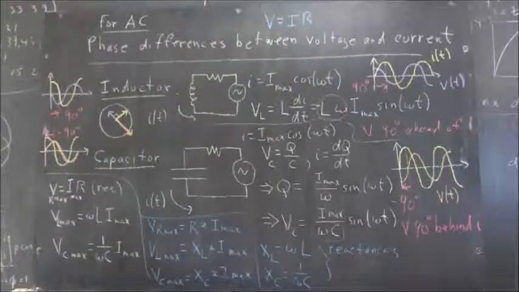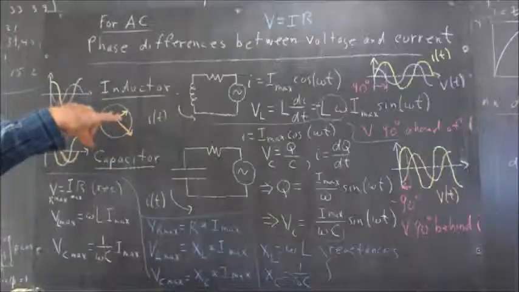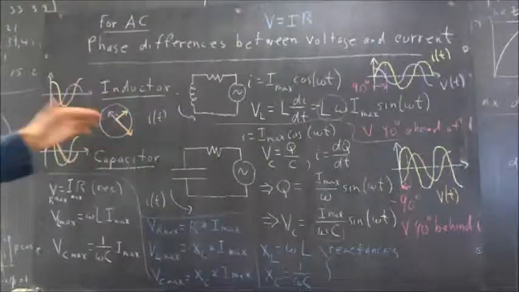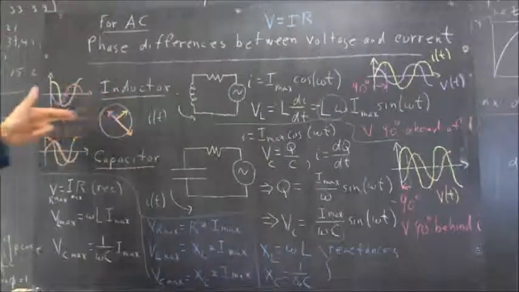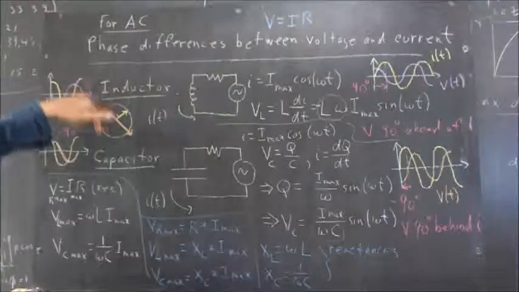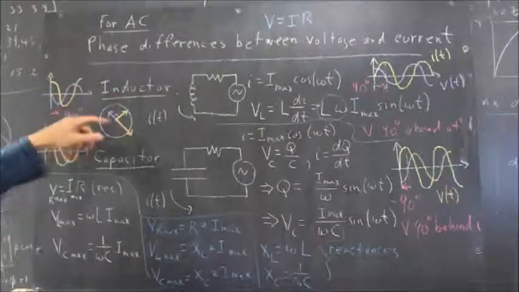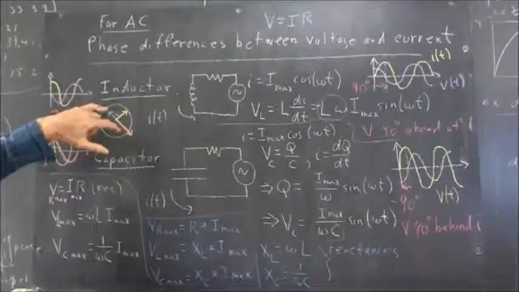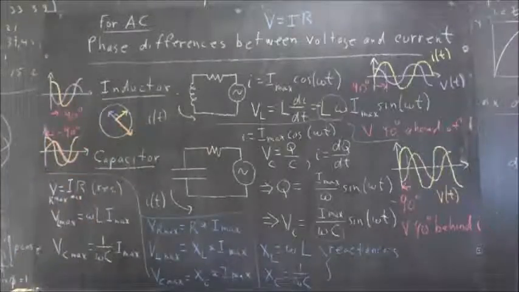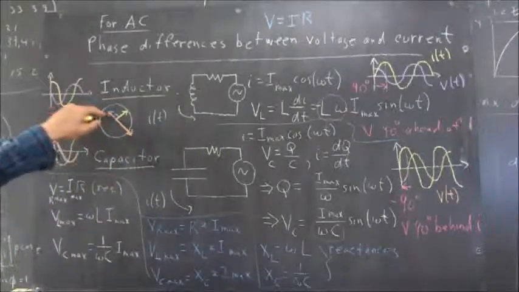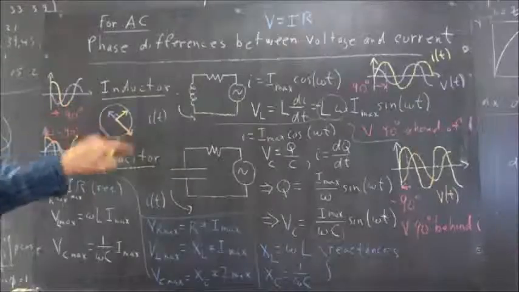So there's your phasor. The idea is simply that as this current rotates around here, the voltages and the current are the projections on the x-axis of the phasors that rotate around here, these I, VL, and VC vectors.